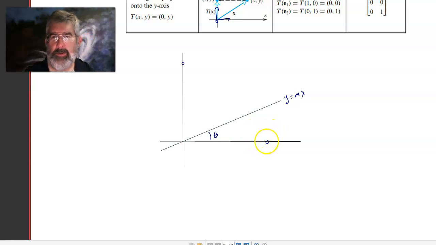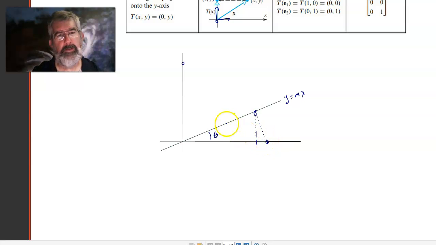So what I want to do is say, okay, where does (1, 0) go to? I'm going to project perpendicularly onto that line, and what I'd like to know is, what are the coordinates? Well, I would get the coordinates by dropping a perpendicular.